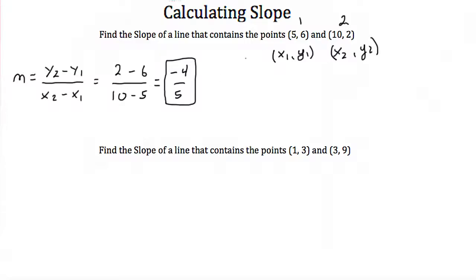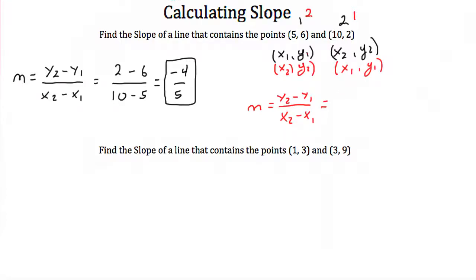Now what if I had decided that this was my second point and this was my first point? Then this would become x2, and this would become y2, this would become x1, and this would become y1. Well, let's see what happens. Again, m is equal to y2 minus y1 over x2 minus x1.